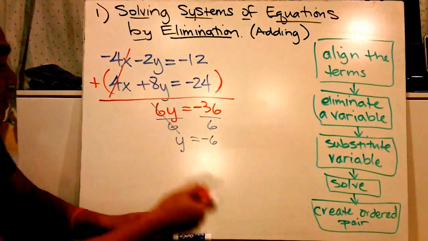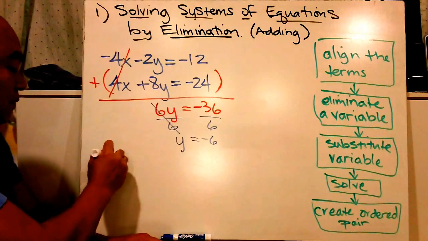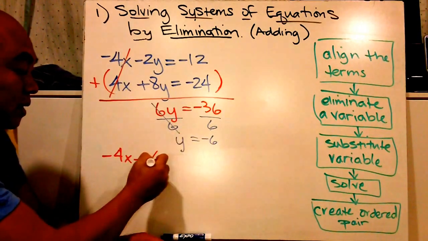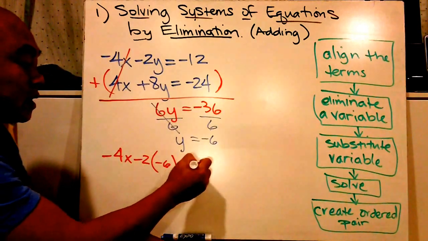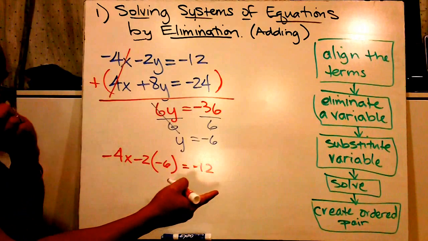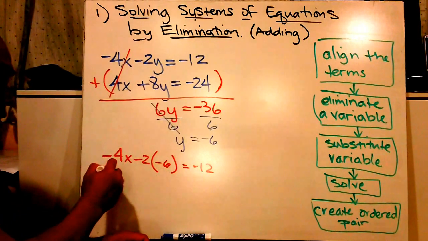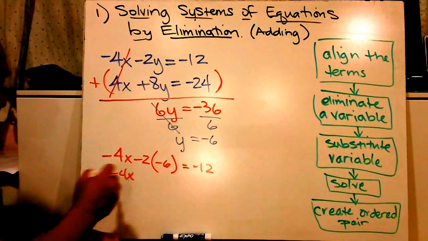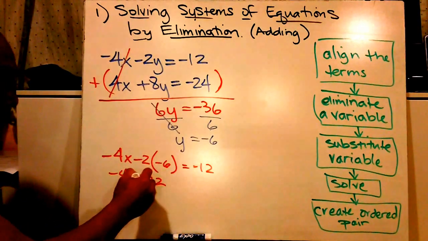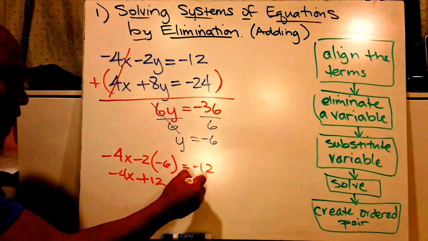If I rewrite this out, it's negative 4x minus 2 multiplied by negative 6 is equal to negative 12. Then I continue on. So I have negative 4x, and then negative 2 times negative 6 is positive 12, equal to negative 12.